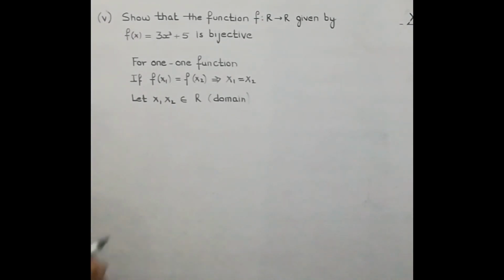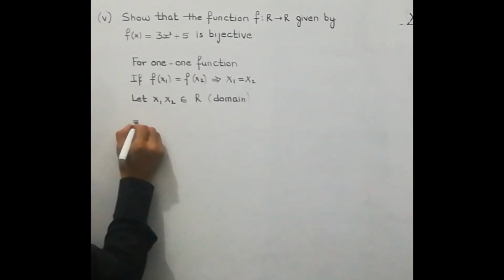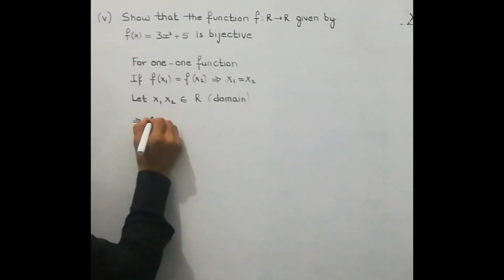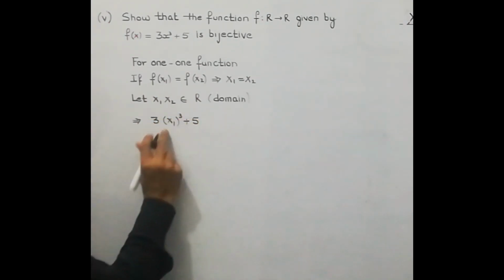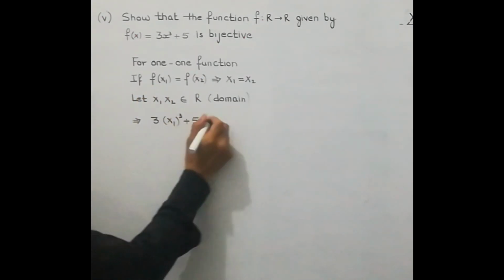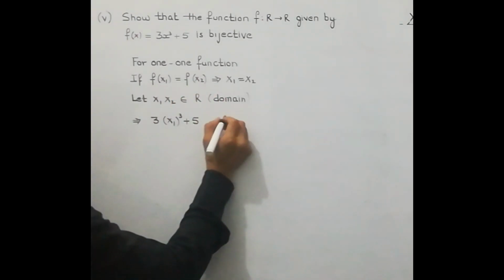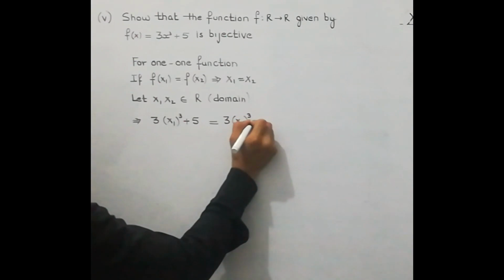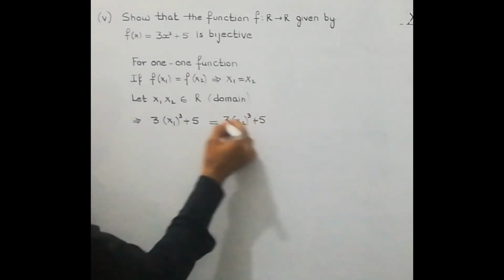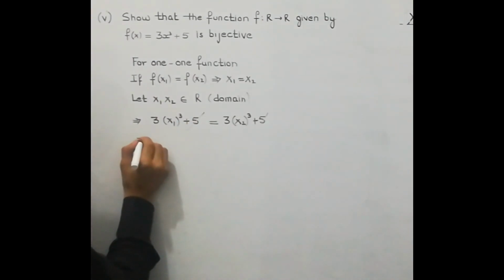Now f of x1 from here will be 3 times x1 cube plus 5. This is your f of x1, is equal to, now we have to write f of x2. So your 5 will cancel out, then 3 will also cancel out.